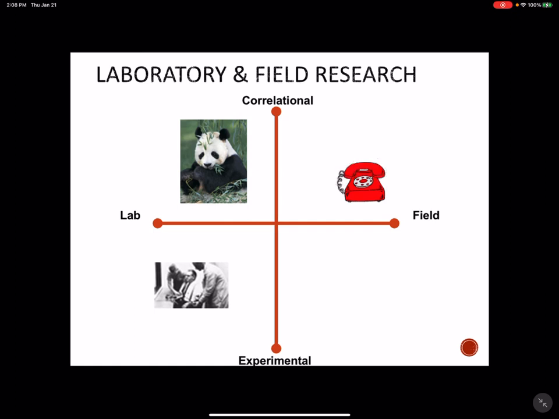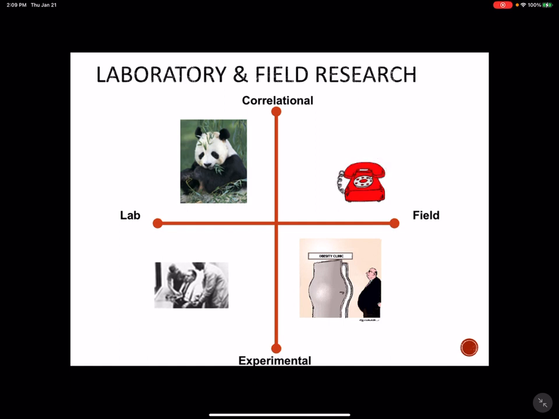And they found out that if an authority tells people to do things, they are often ready to do things. So that was an experiment done in the lab because the researchers manipulated the participants.